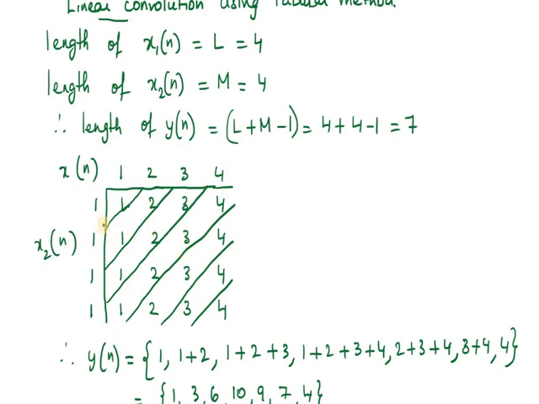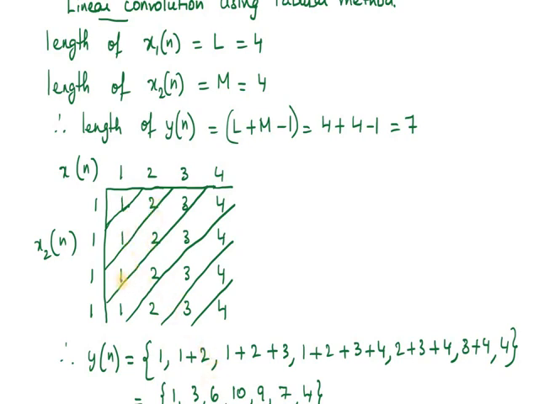After writing all of these values, you need to draw these diagonal lines, and after drawing the diagonal lines, you can find y of n. Therefore the output y of n is equal to, in the first diagonal we have only 1, then put a comma, in the second diagonal we have 1 and 2, so add both of these, 1 plus 2.